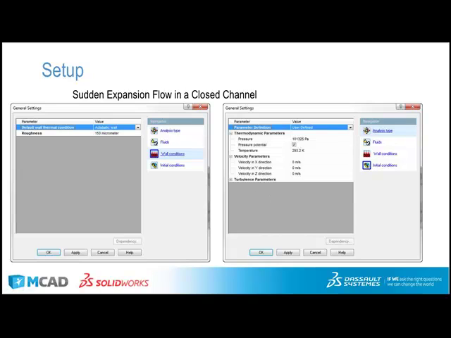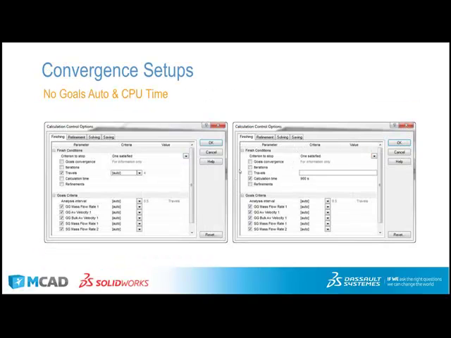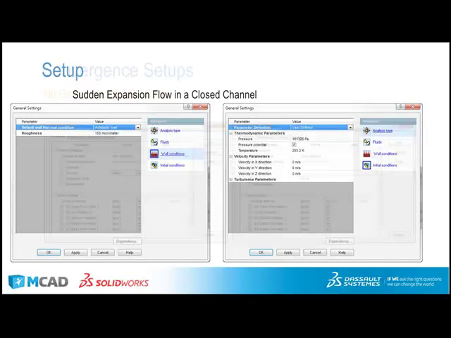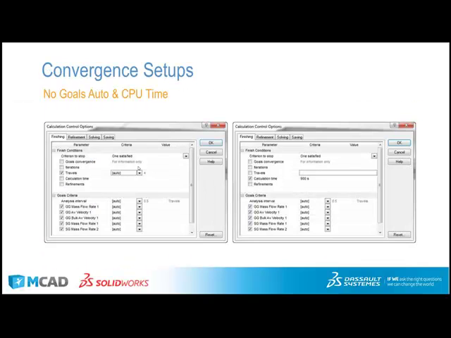From there, I've gone in and set up a couple of studies. On the first one, I've set it to just do the auto setup: do it by travels, the automatic convergence, and let the solver figure out how long it should run for.